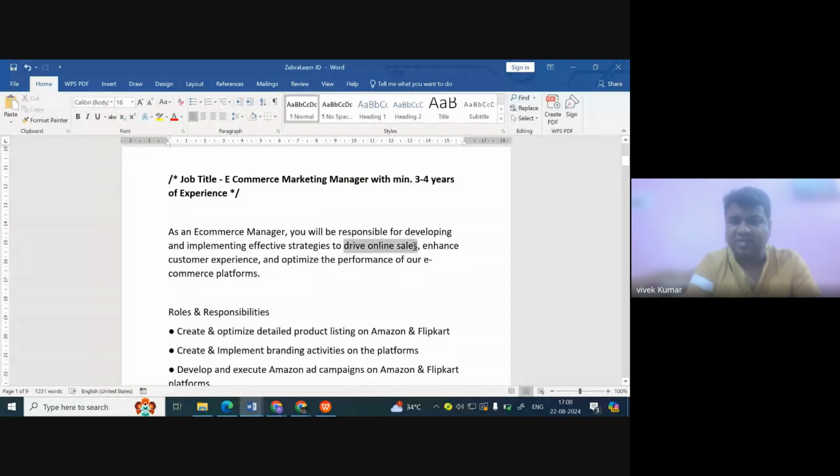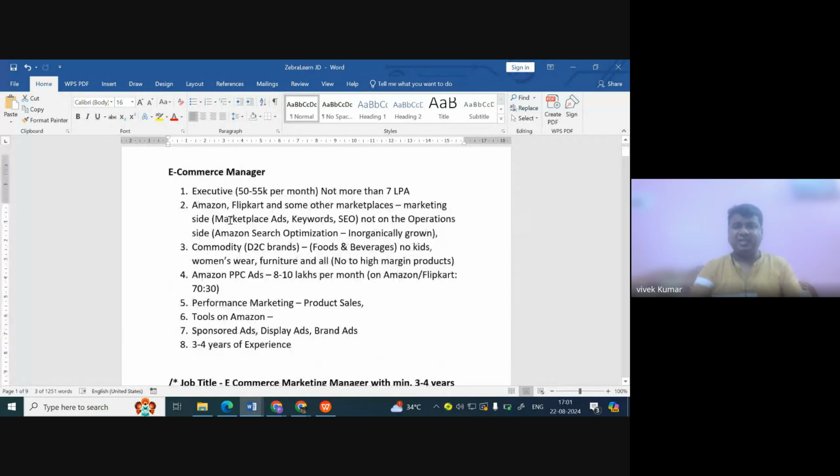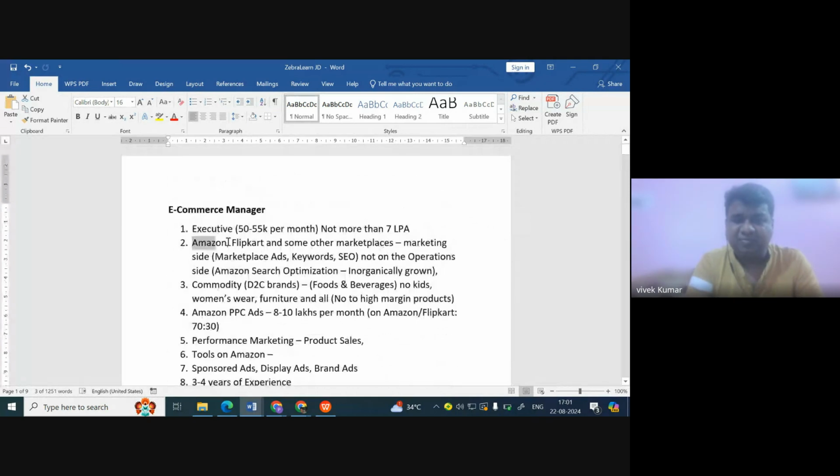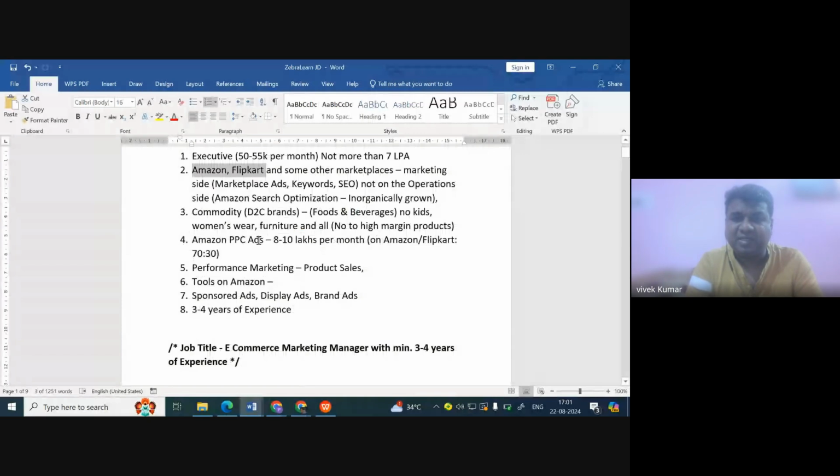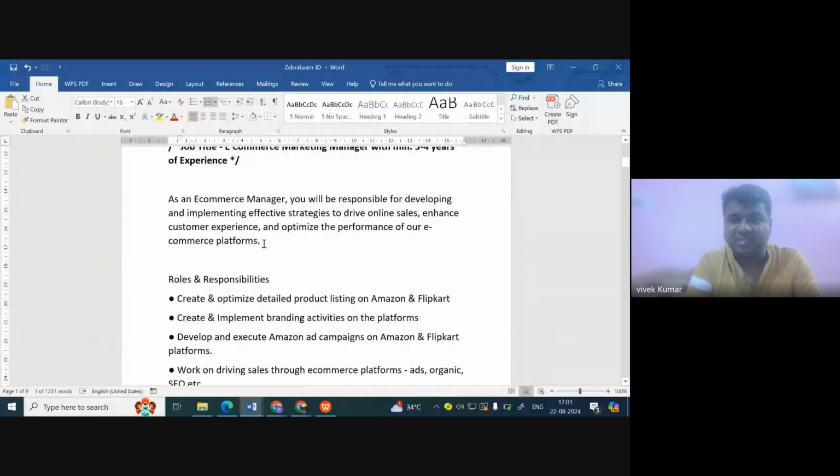Also, if you think about this, to drive online sales. Now, this is a very generic statement again, because online sales can be generated from anywhere. It could be from Instagram, it could be, let's say, from their own website, it could be from the marketplaces that were mentioned earlier, right? So again, if they are focusing on hiring for these marketplaces like Amazon, Flipkart, they should probably highlight this very clearly, that these are the marketplaces for which we want to drive sales.